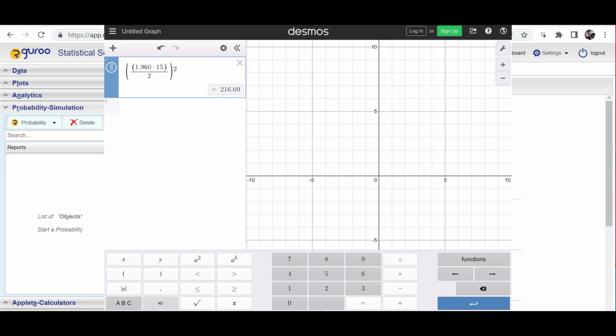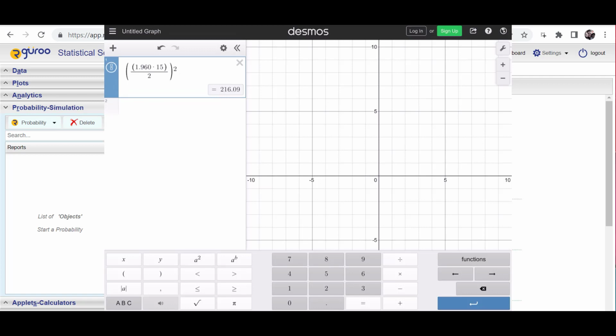So actually, let me just show you starting over. If you're using Desmos, I would do 2 parentheses at the beginning and then 1.960 times the 15, which is in the numerator, and close the parentheses for the numerator, divided by 2, and then close that parenthesis and then square it.